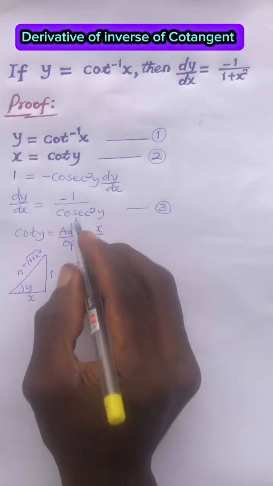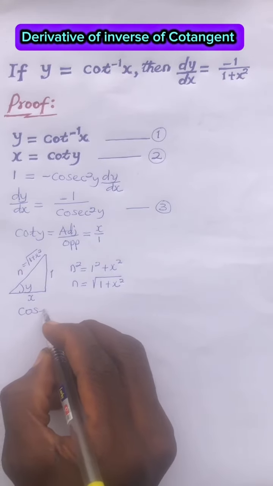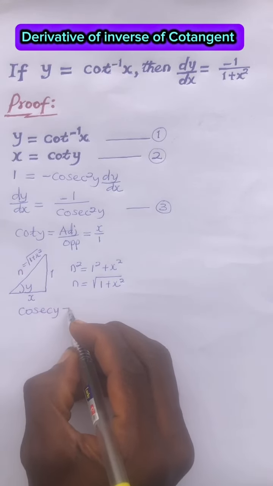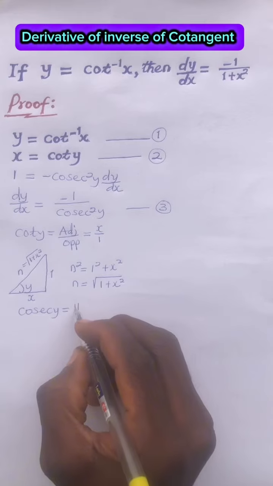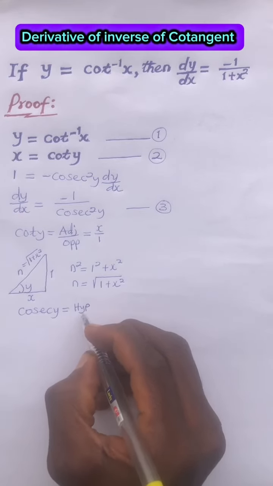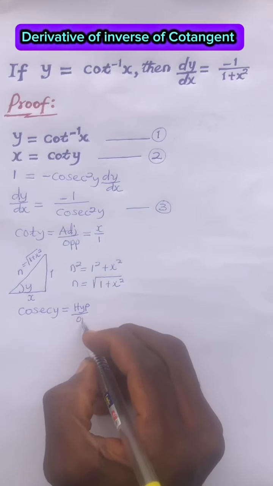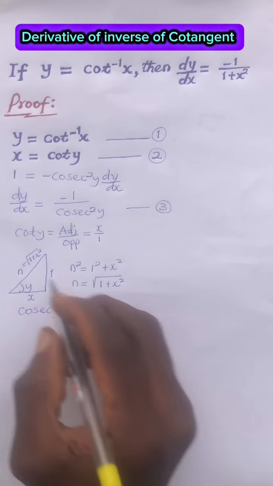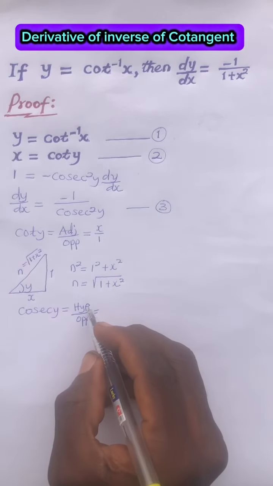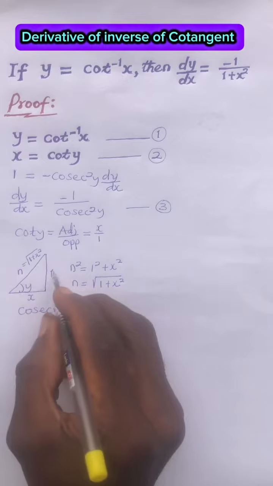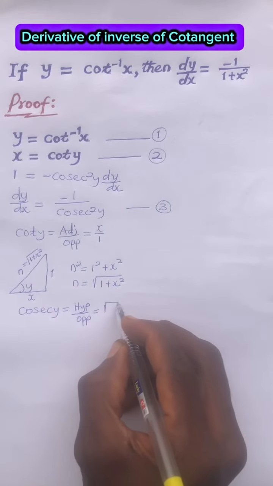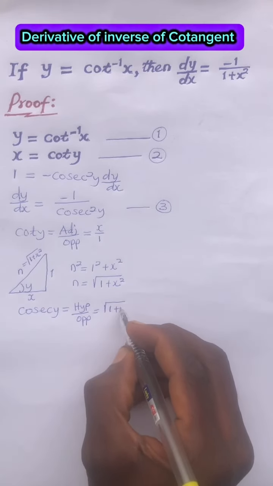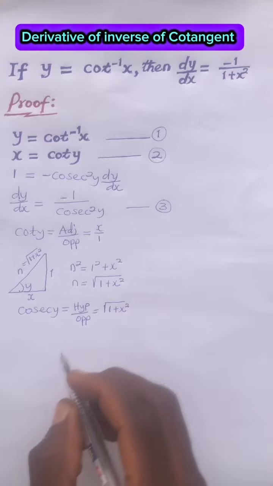Now cosec y equals hypotenuse all over opposite. And since we have found the hypotenuse, it becomes the square root of 1 plus x squared all over 1, the same thing as the square root of 1 plus x squared.